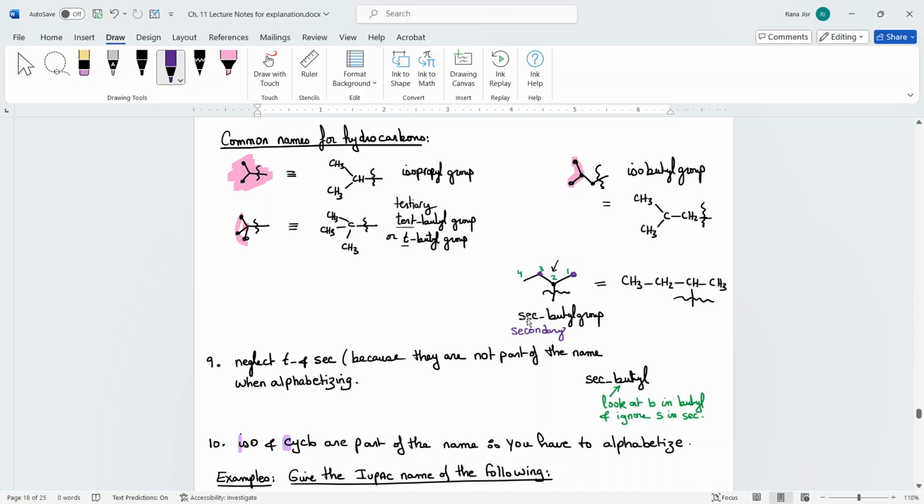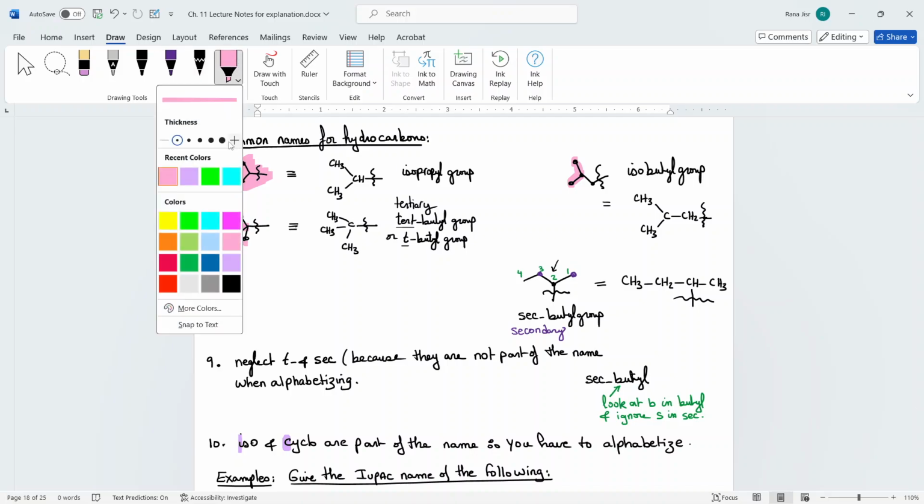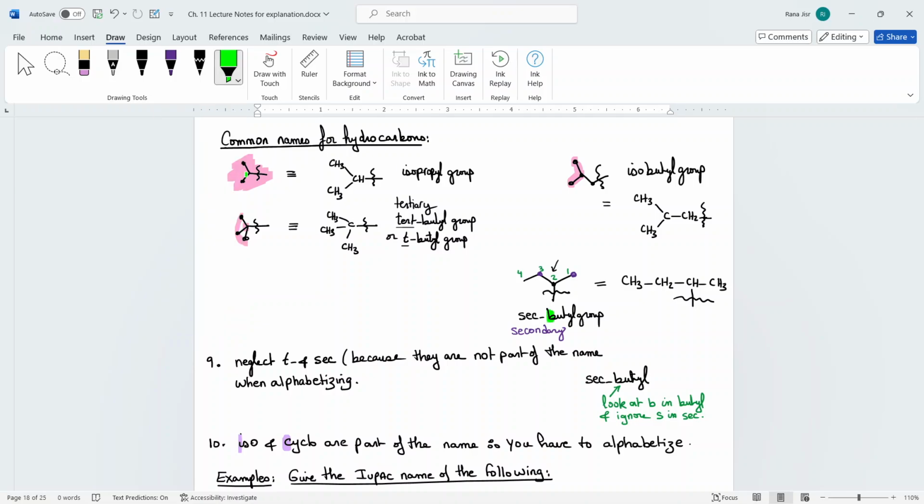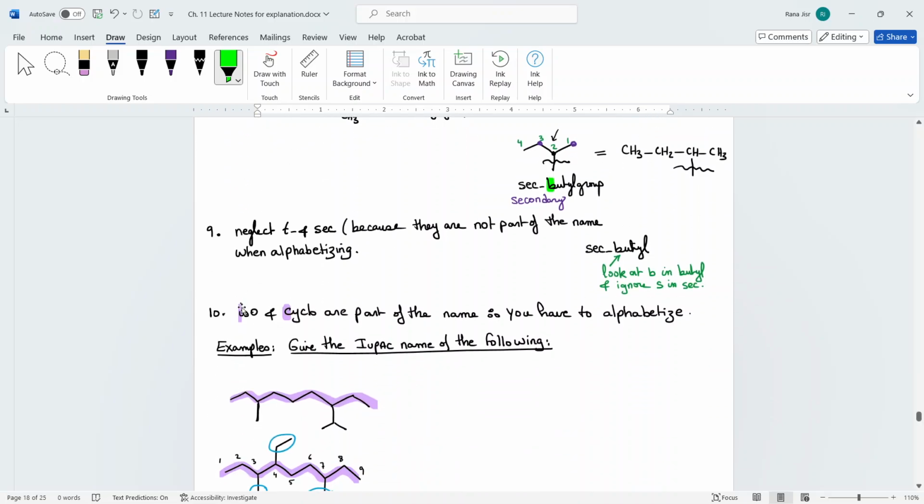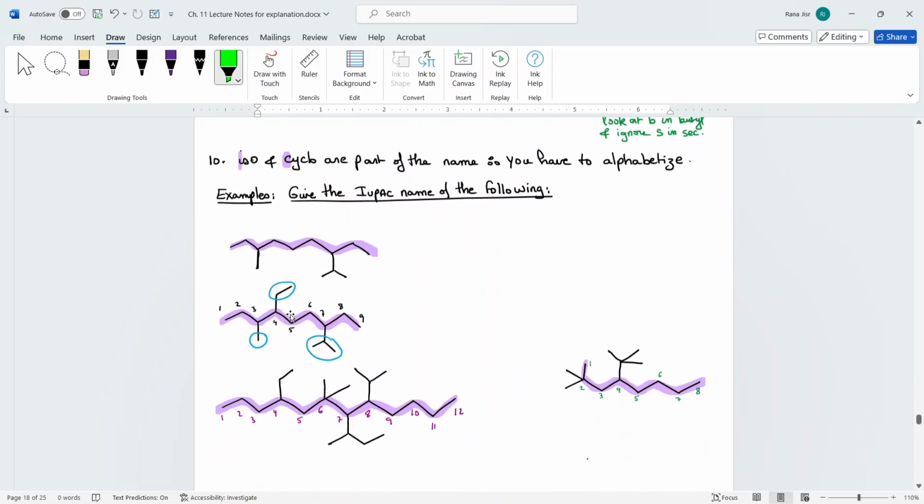So when you alphabetize, you are going to look at the B in the butyl instead of the S in the secondary. Same thing over here. You look at the B in the butyl, but here you need to look at the I in the iso. Later on, when we talk about cyclo, C is part of the name. Well, we will talk about cyclic as we proceed.